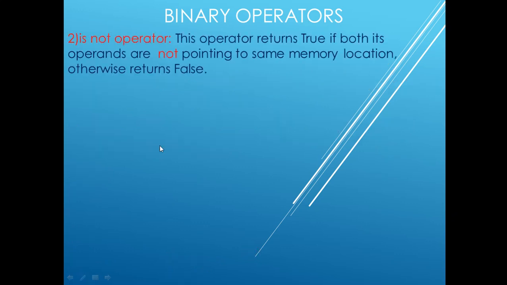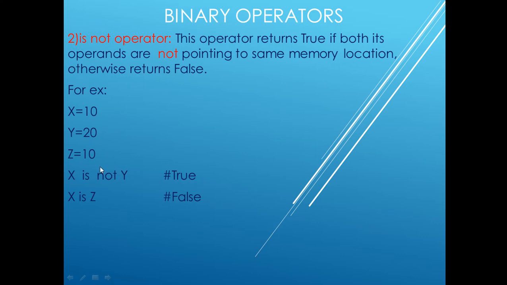Next is the 'is not' operator. So 'is not' will return true if both its operands are not pointing to the same memory location. It is just the opposite of the 'is' operator. If both operands are not pointing to the same location, then it will return true, otherwise it will return false. So you can see here x is 10, the same values I have taken for x, y and z respectively, and here x is not y.